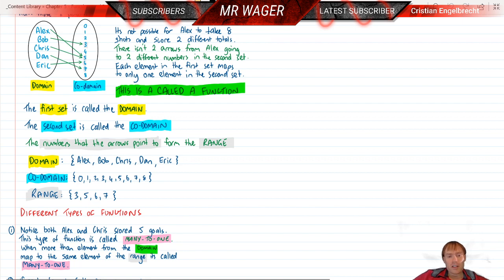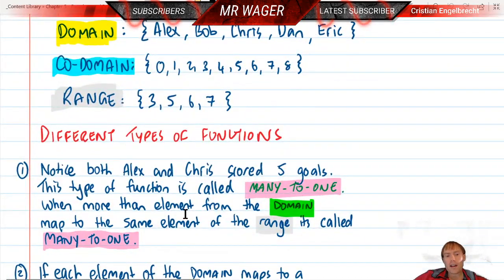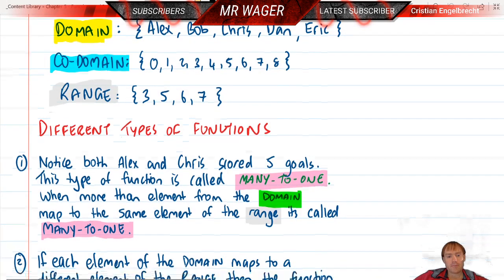This type of function is called a many-to-one function, okay? So that means when more than one element from the domain maps to the same element in the codomain or the range, it's called many-to-one, okay? So many-to-one is this kind of scenario that we've got.